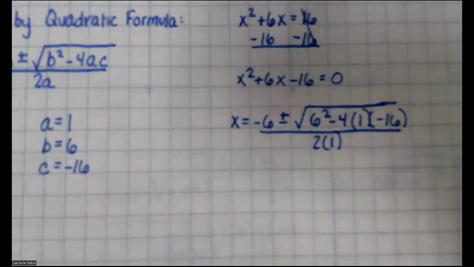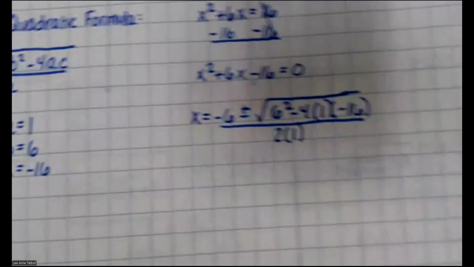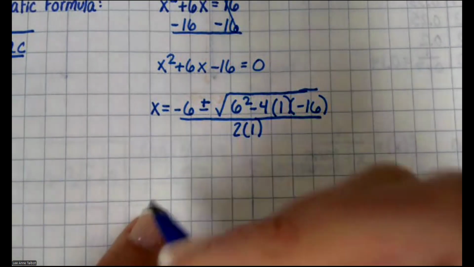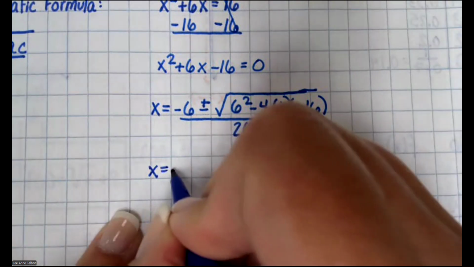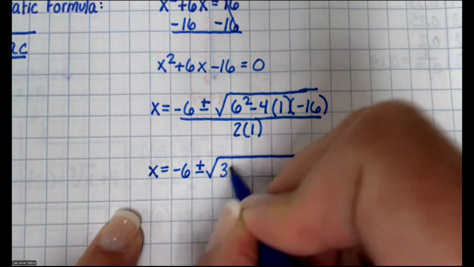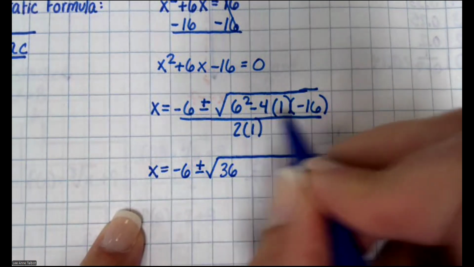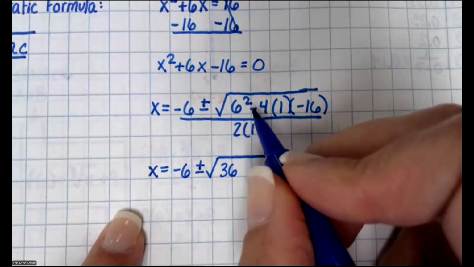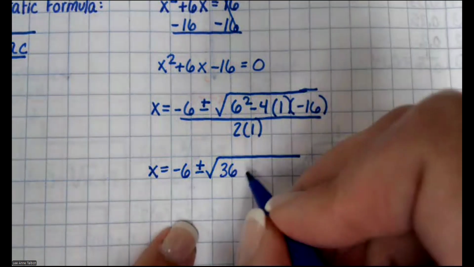Okay, I'm going to show my work on this one. So 6 squared is 36. And this is where, if people are going to mess up, it's going to be right here. This is negative, negative, which makes it plus.